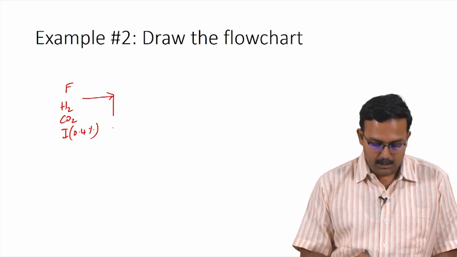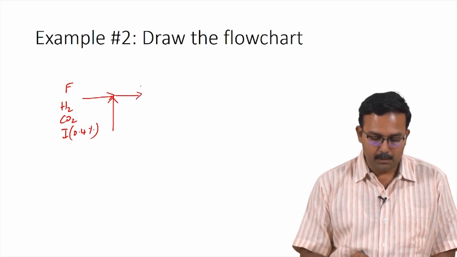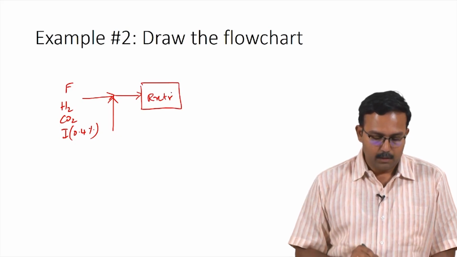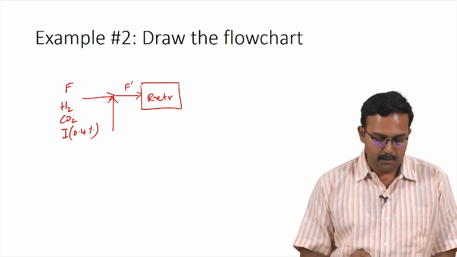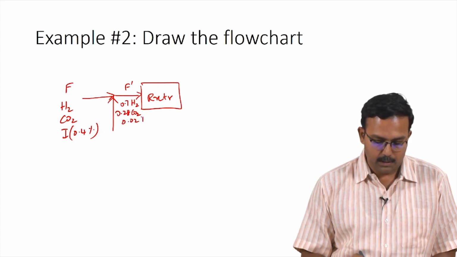So, this is mixed with a recycle stream, which then becomes the total feed entering the reactor. The total feed information has been given. Total feed F prime, we have been told, contains 70% hydrogen, 0.7 hydrogen, 0.28 carbon dioxide and 0.02 inerts.